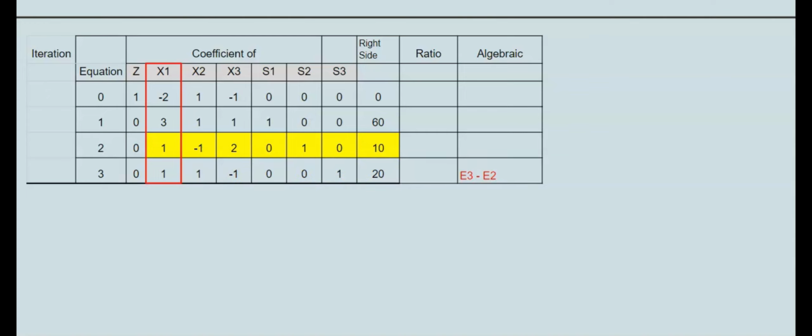So let me show you how that looks like. So for example, let's take my E3, which is 1 right here, and we're going to subtract it from E2, which is here, and that's going to give me the 0 that I need for that row right there. So doing the same thing, we're going to go ahead and take this 1 right here, subtract it from this right here.